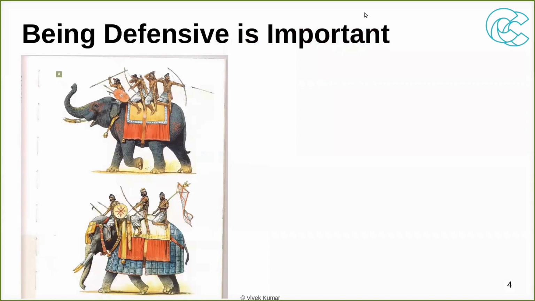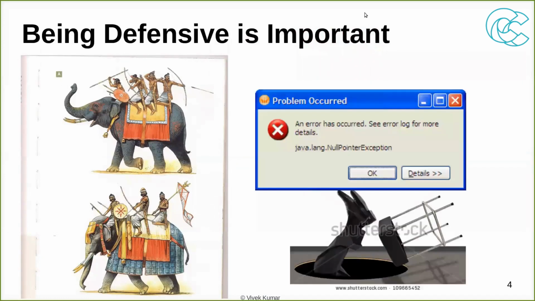But anyway, this is an example of defensive programming. Defensive programming is important because whenever something goes wrong, there has to be a mechanism to come out of that hole, in that sense.